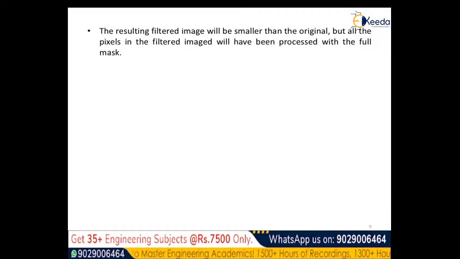Moving further, the resulting filtered image, as I have said, is smaller in dimension. So you can say that there is a loss of information, and we do not intend to have losses of information while processing with various image processing operations.